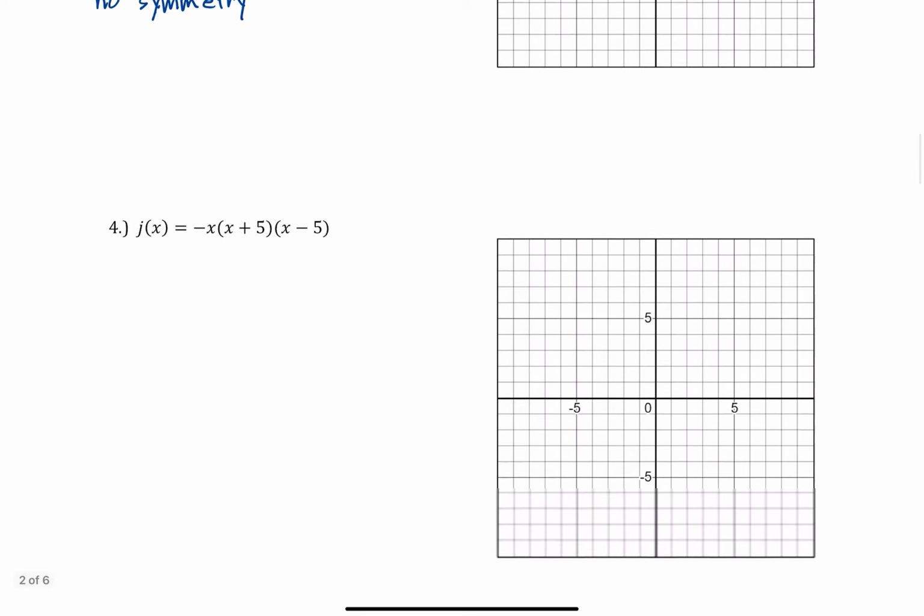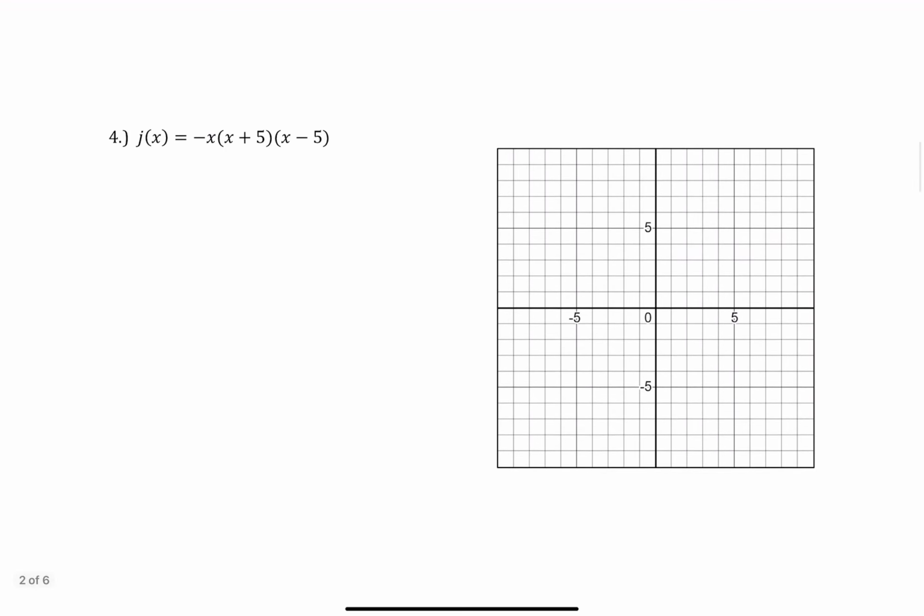Number 4 is going to be j of x, so it's named with j. So the degree here is, again, the sum of the multiplicities. So x to the 1, the x plus 5, and the x minus 5, so it's all 1s. So the degree here is 3. The leading coefficient this time is going to be a negative 1 because of that negative in front.